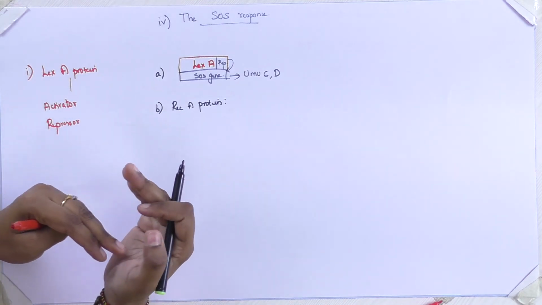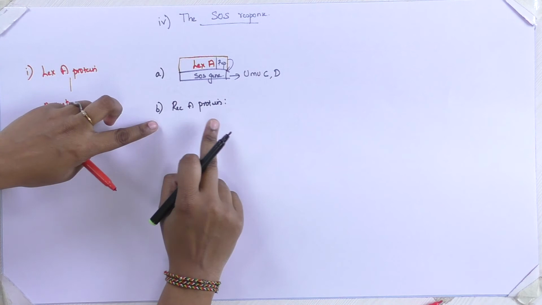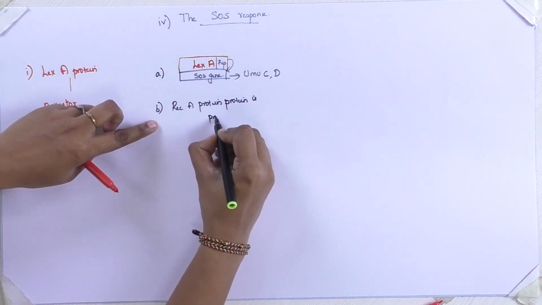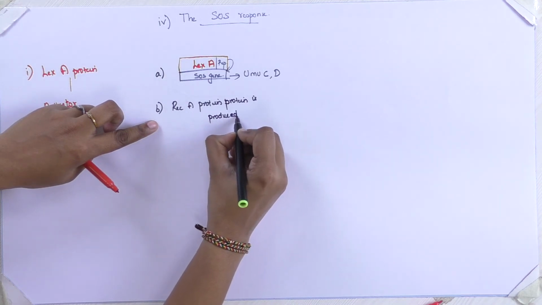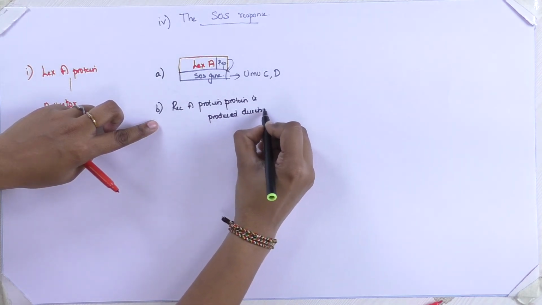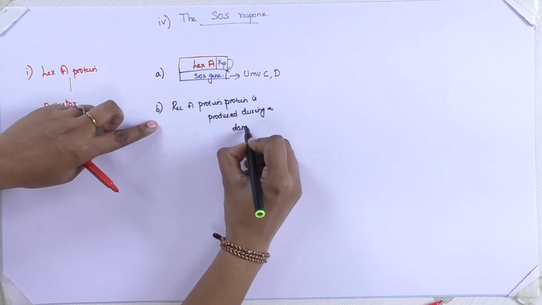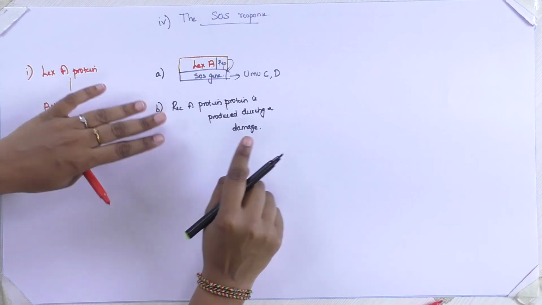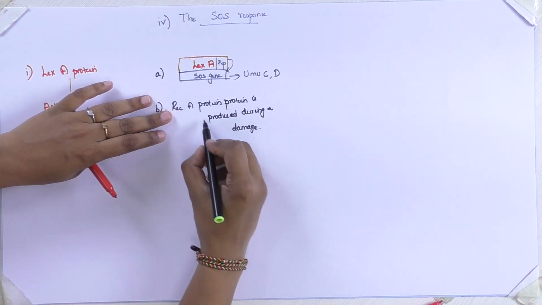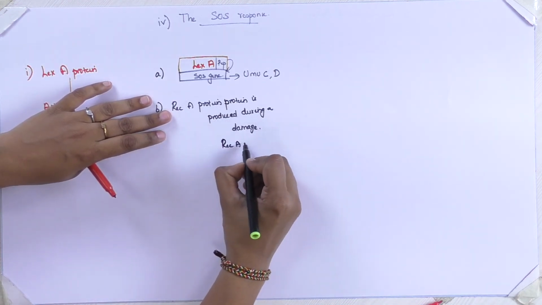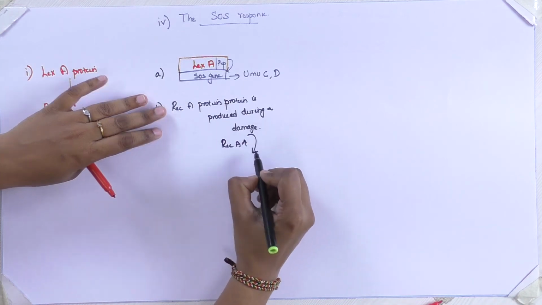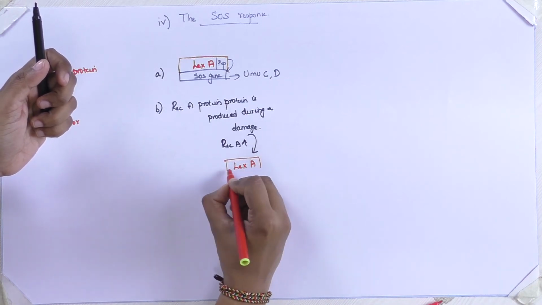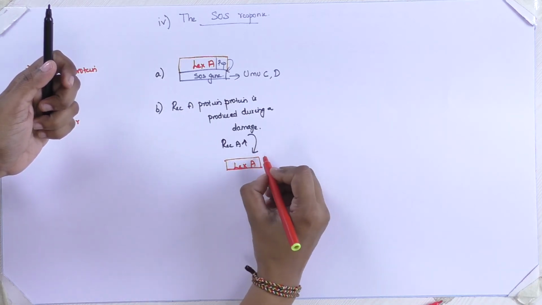So RecA protein is produced during a damage. So what happens? This RecA protein, when increased in concentration, goes and acts on the LexA. So what happens is it gets activated.